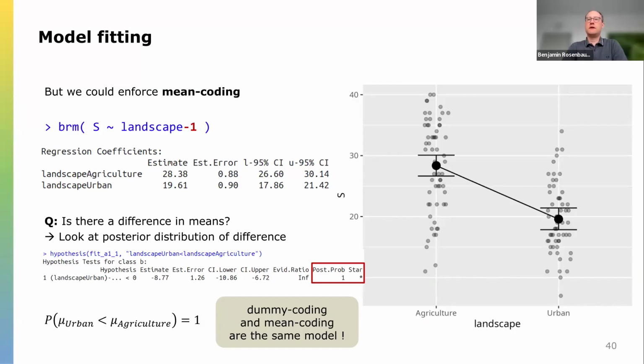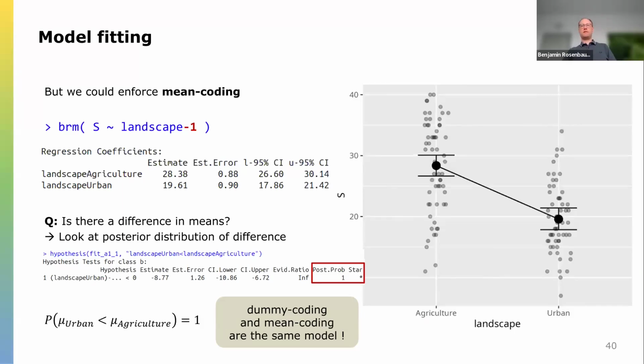So what we are doing is looking at all the posterior samples of landscape agriculture and all the posterior samples of landscape urban, which means for each of the samples, we are calculating the difference. So we get here 4,000 difference values, and then I can compute the mean from that for the mean difference and also its distribution.